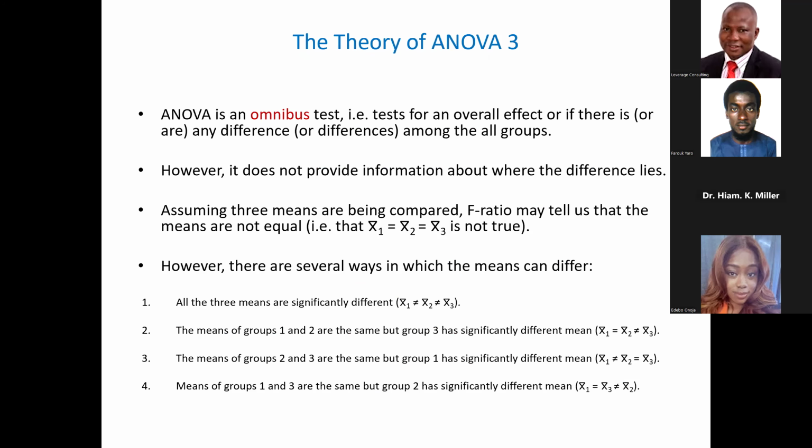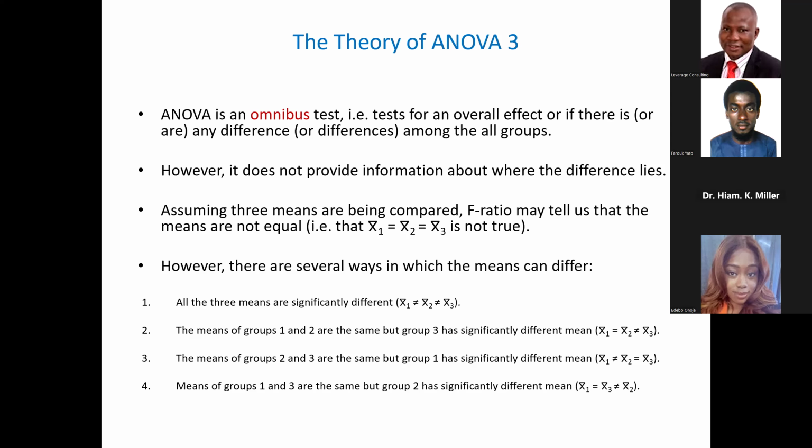So ANOVA is an omnibus test. What that means is that it tests for an overall effect, or whether there are any differences among all the groups. So the issue is that you are looking at, is there any difference anywhere among the groups?